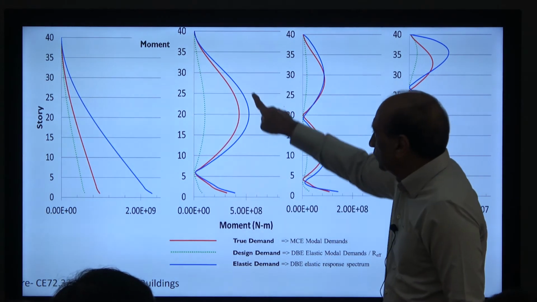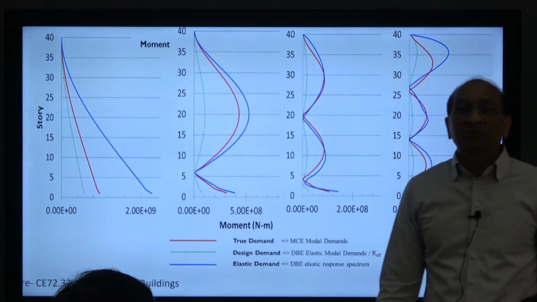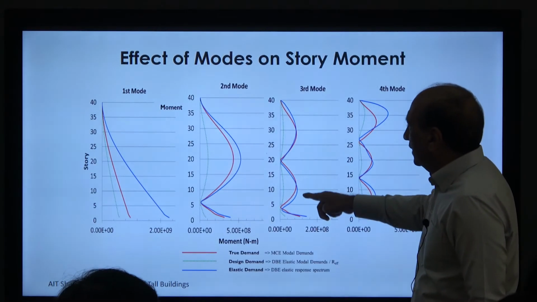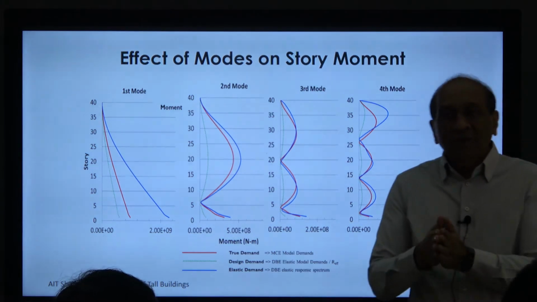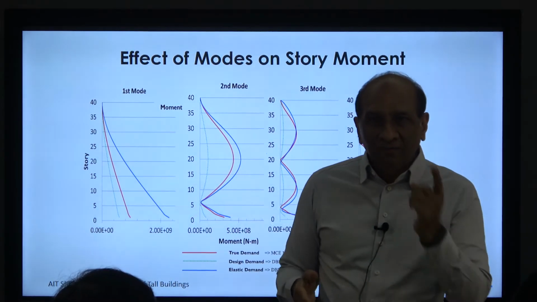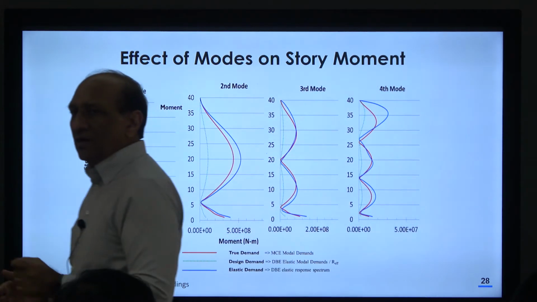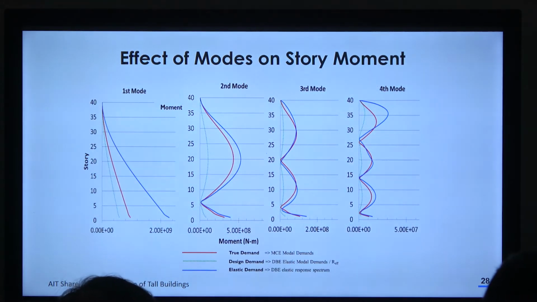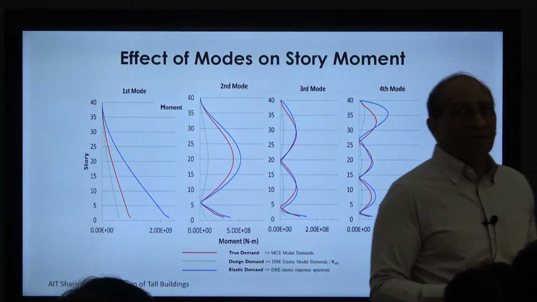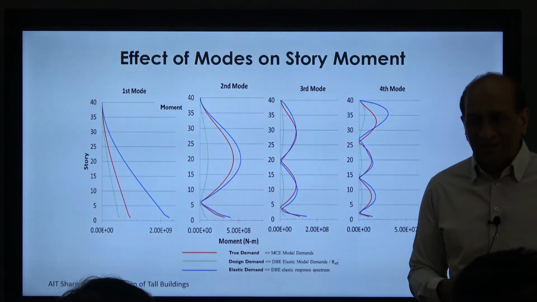That means even though this moment is like this, actually it is 10 times smaller than that moment, which means that higher mode moment is much smaller, maybe 10 times smaller than the first mode moment, which means that the moment in a tall building is primarily coming from first mode. So that is okay, we don't have a problem with that. So the building moment can be estimated by looking at the modal first mode response in each direction.